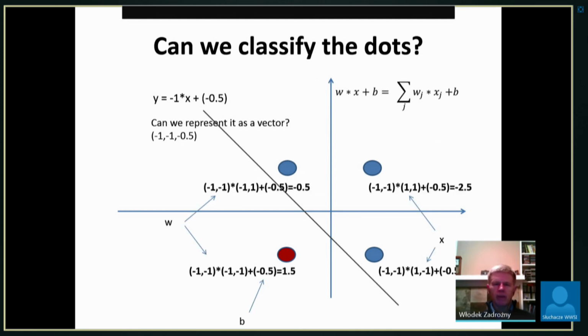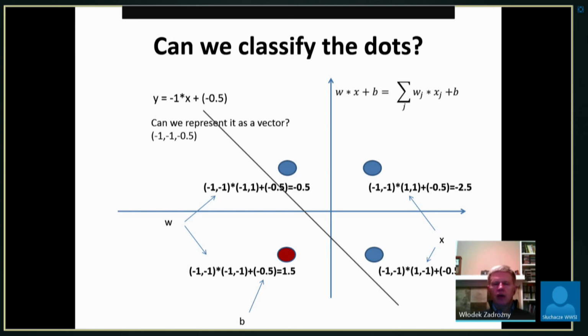We get the value minus 0.5. For the next dot, 1, 1, we get the value minus 2.5, and for the blue dot 1, minus 1, we get the value minus 0.5. On the other hand, for the red dot, we get the value 1.5.